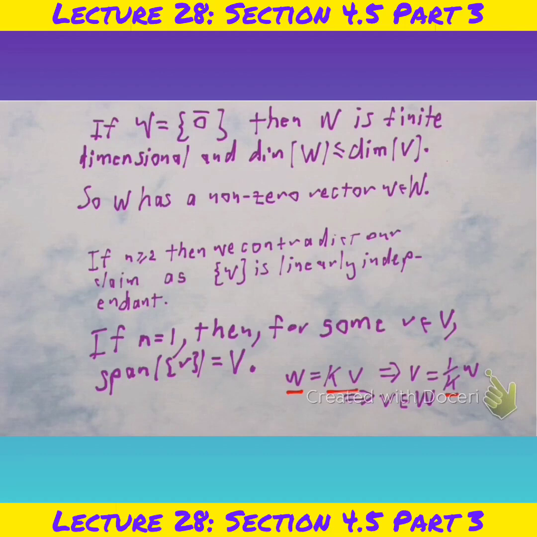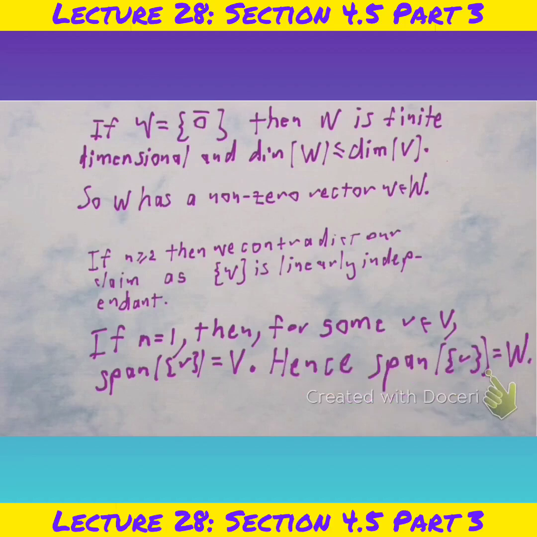So therefore, this is going to imply that v must be in the subspace W, because if v is a scalar multiple of a vector in capital W, then v is going to be in capital W, because capital W is closed under scalar multiplication.